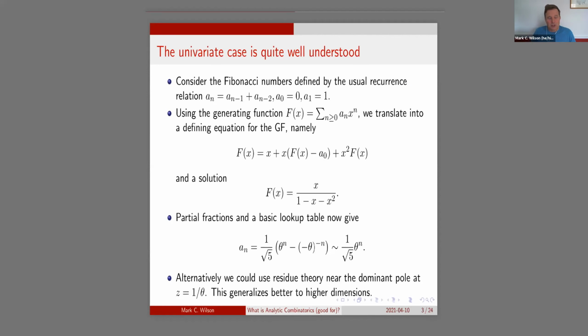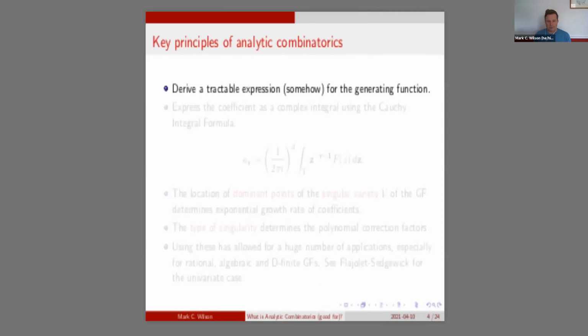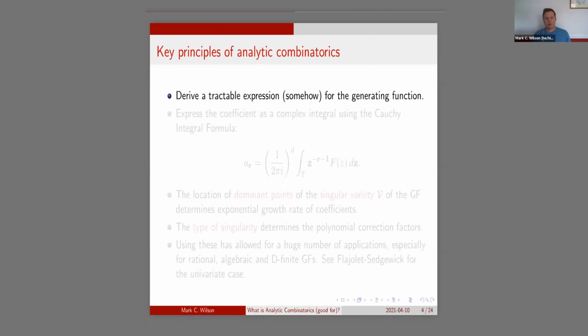So that's an alternate way of doing it. And that's the one that's going to generalize and will go to higher dimensions in a way that the partial fraction method will not.